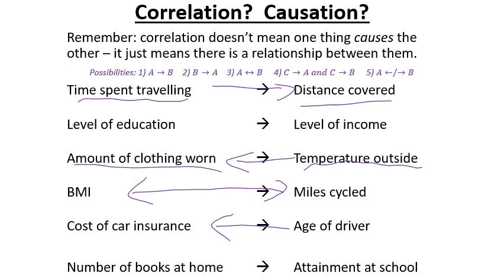It turns out buying books doesn't make people better at school. Having lots of books in the house was not the cause of students doing well. It was a side effect of the kind of families and the kind of backgrounds they were from. If you were from a higher socioeconomic group, and your parents were more likely to be college educated or have a university degree, then of course you're more likely to have books in the house. You're also more likely to have been read to at an earlier age.